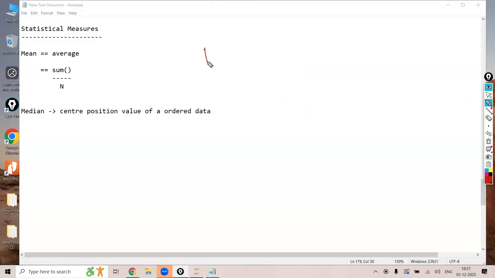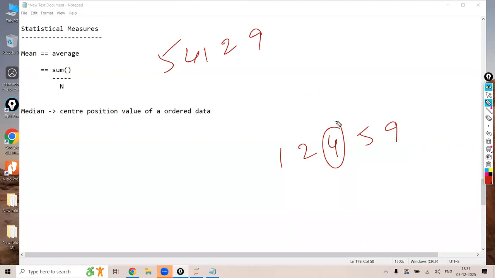For example, they have provided 5, 4, 1, 2, 9. First keep them in ascending or descending order; the choice is yours. I'm going to keep them here as 1, 2, 4, 5, 9, ascending order. In this, what is the center value? 4. 4 is called the median for the given data, which is in the center position.